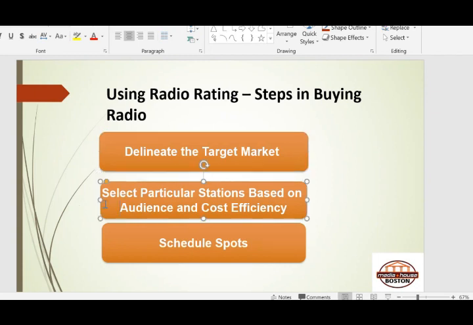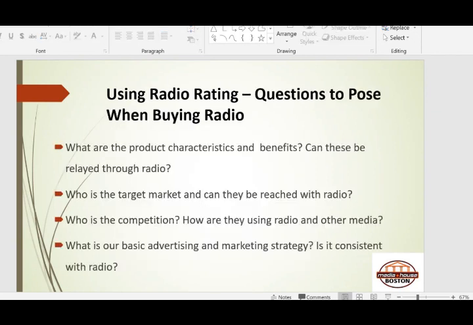Select particular stations based on audience and cost efficiency. So this is now me saying to you as a client, we would go and get quotes, procurement, to check out which stations are better, and then schedule spots, including all the details in between.